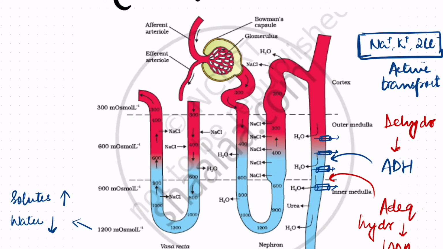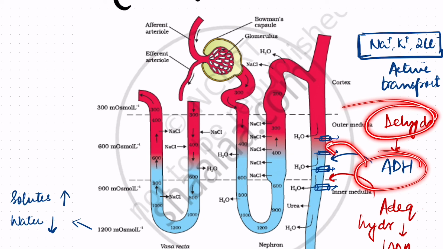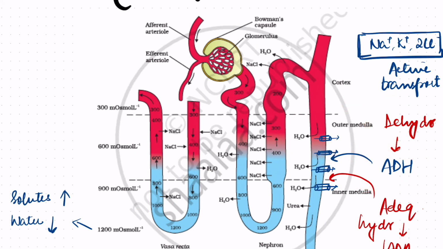In a state of adequate hydration, ADH is less, there are fewer aquaporins, less water is reabsorbed and there is dilute urine, whereas in a state of dehydration, more ADH is present and more aquaporins are generated, which helps in the reabsorption of water, and a concentrated urine is formed.